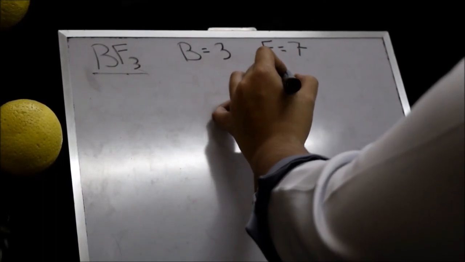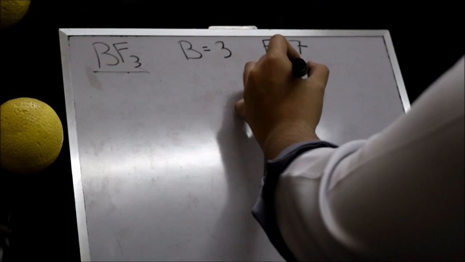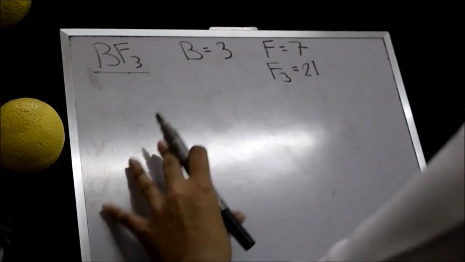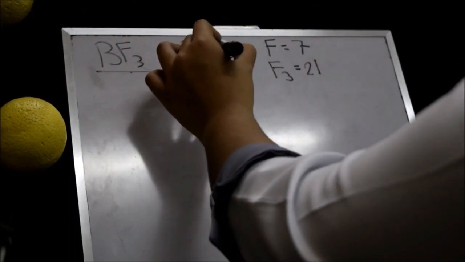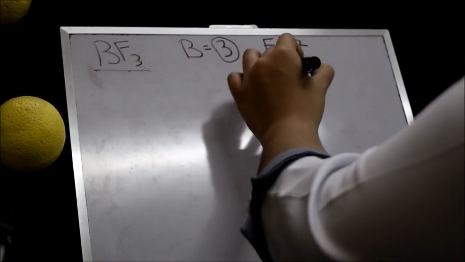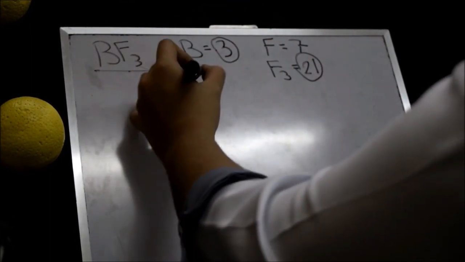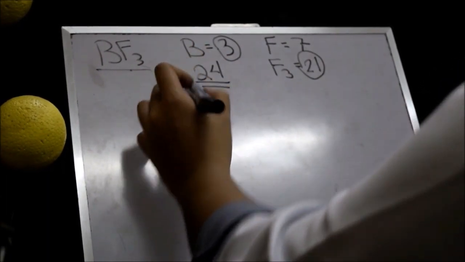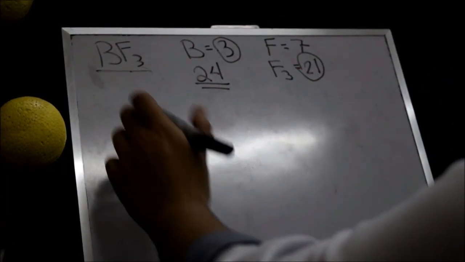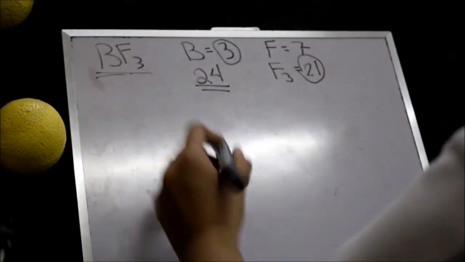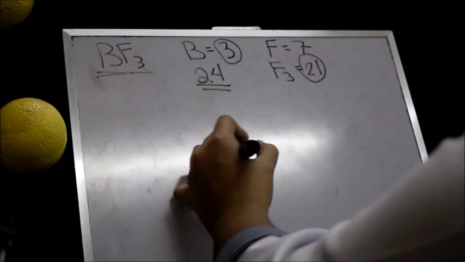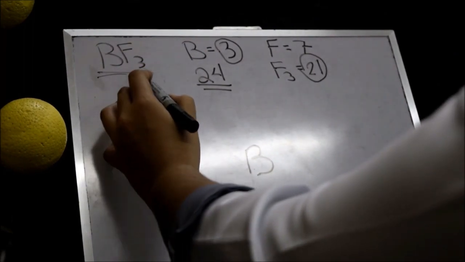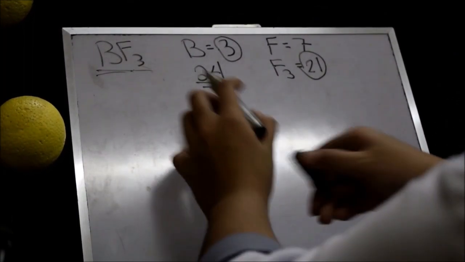Now, in order to get the total valence electrons, we will need to add the total valence electrons of boron and the total valence electrons of the 3 fluorine atoms, and their sum is 24. In illustrating BF3, boron should be the central atom, so it is at the center of the illustration.